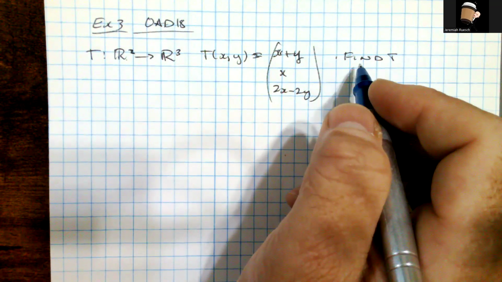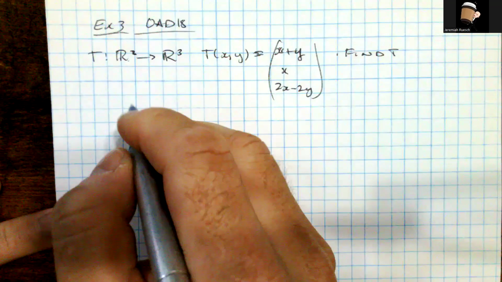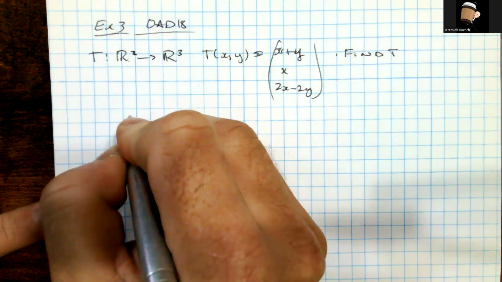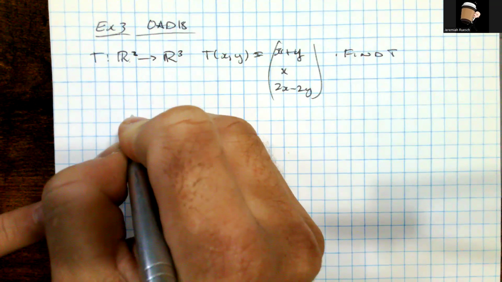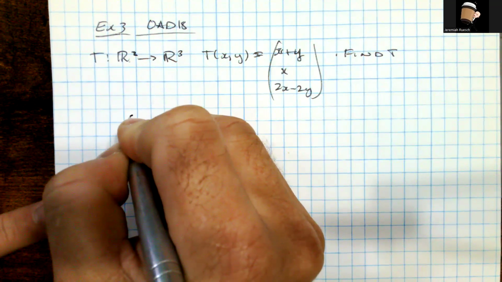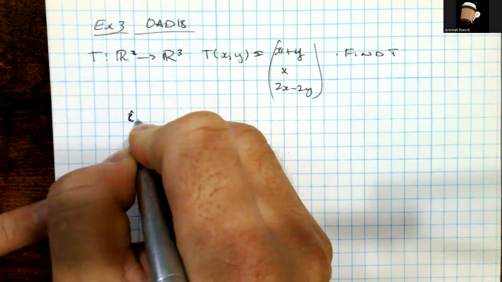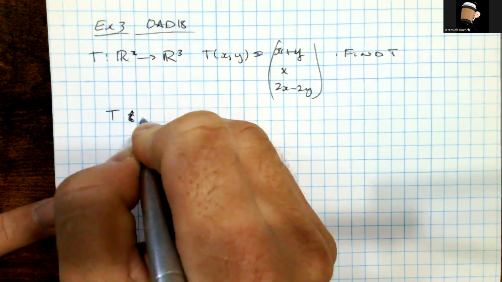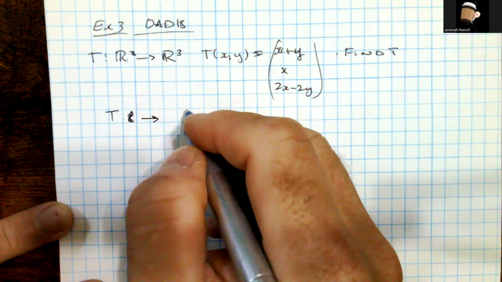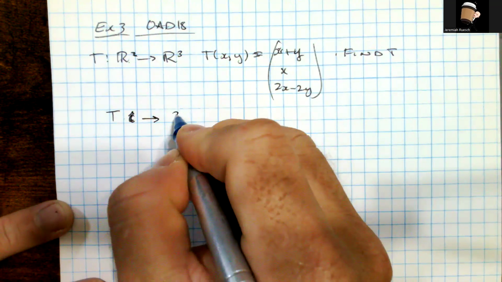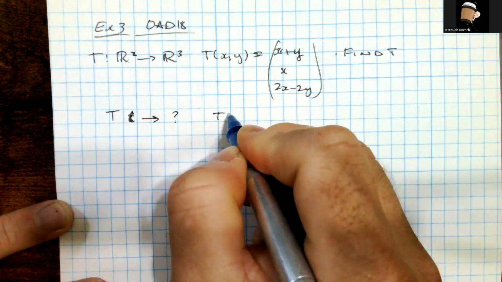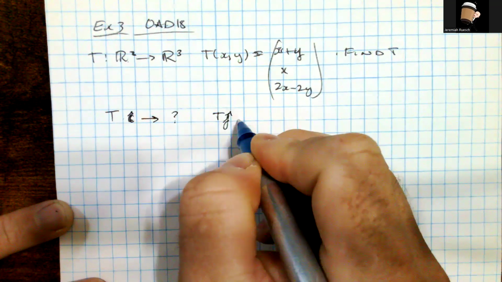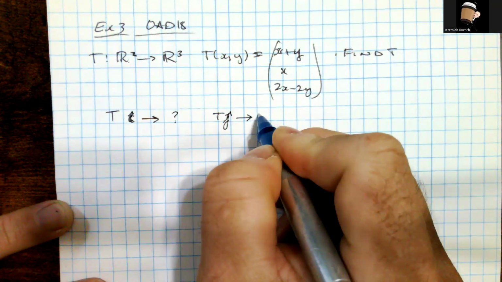And so an easy way to think about this is the transformation of the unit vectors. In this case, if we're looking at R2, if I map T of i hat, where does that get mapped to? And likewise, T of j hat, where does that get mapped to?